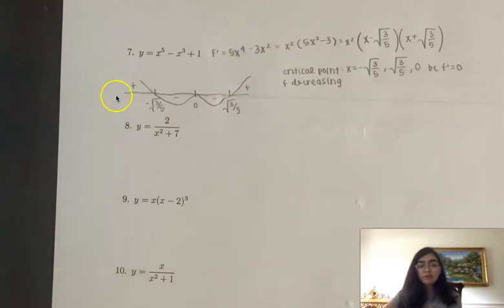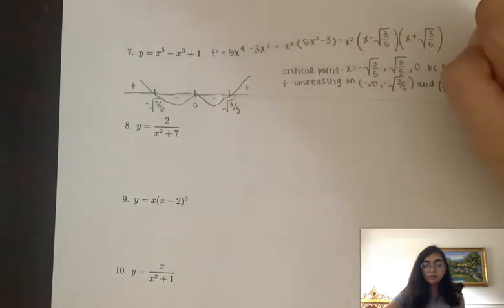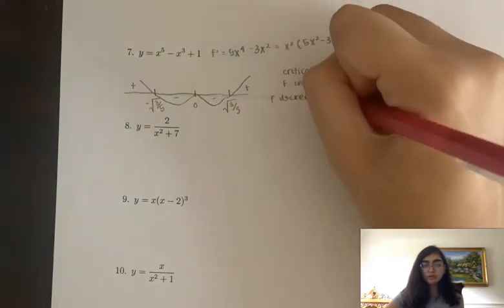So we're going to have f increasing from negative infinity to negative square root 3 over 5, and then from square root 3 over 5 to positive infinity, because that's where f prime is greater than 0.